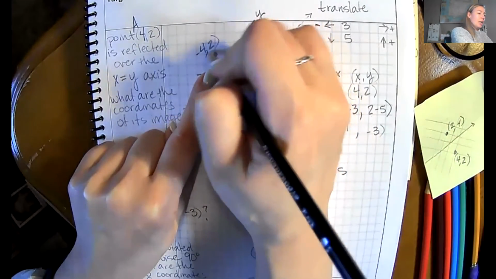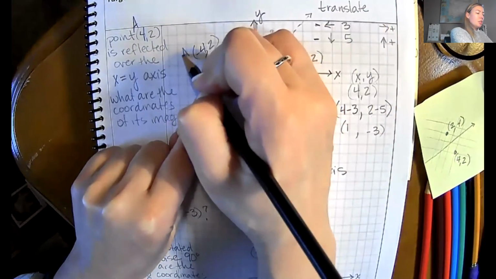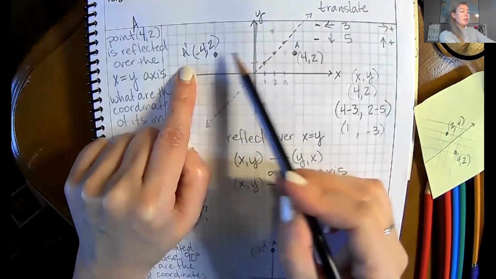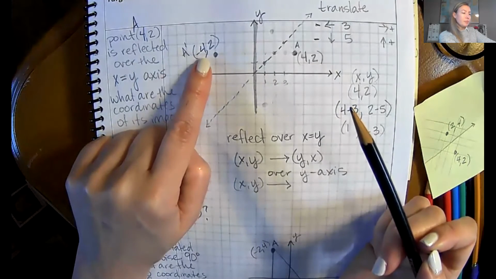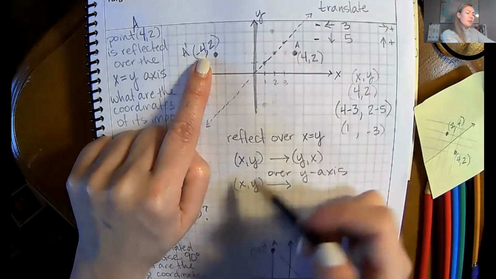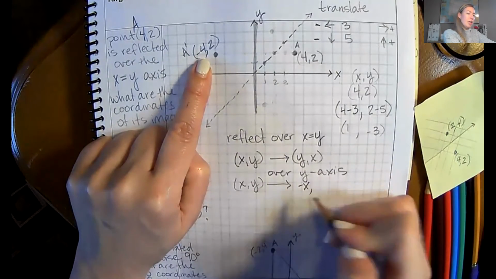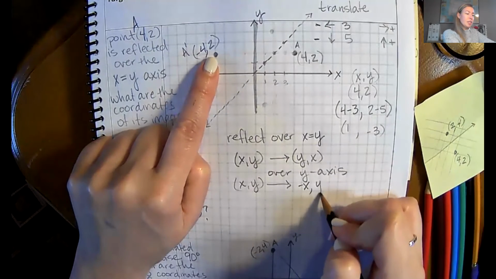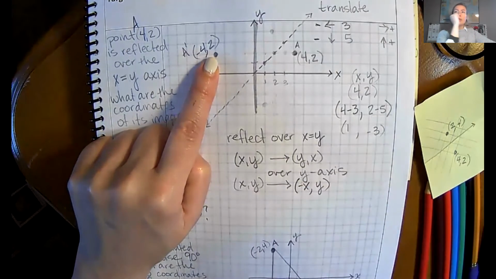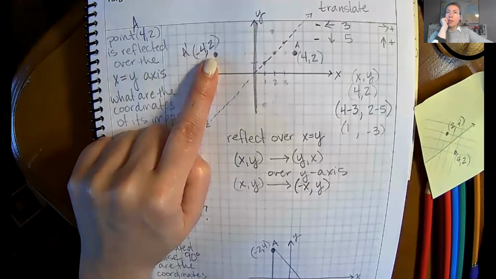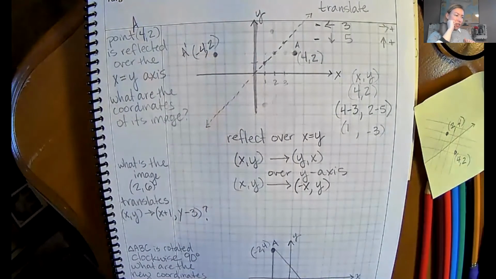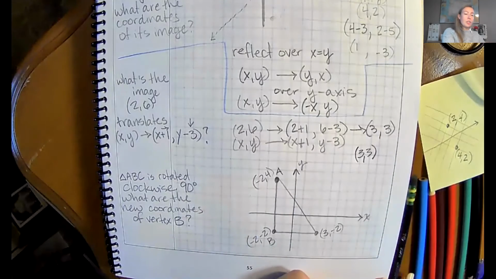So really, I kept that. So the image of A, when I reflect over the y-axis, my x value becomes negative, and my y value just stays the same. So there's a rule for reflecting over the y-axis. All right, enough about reflections. All right, last question.